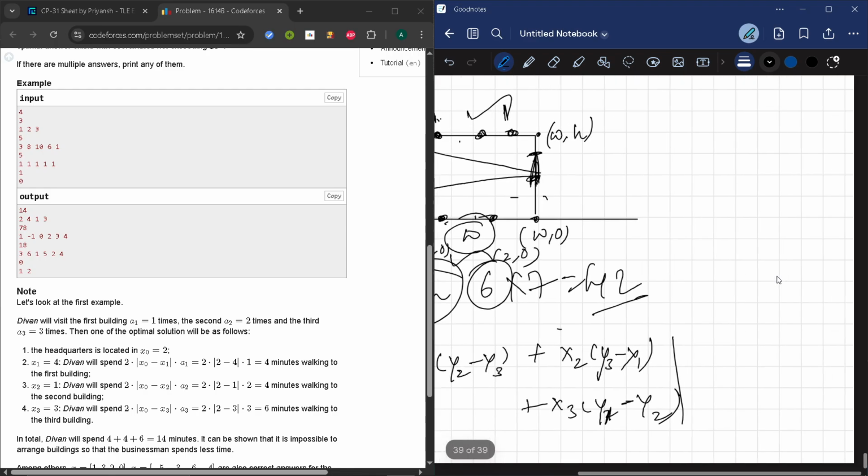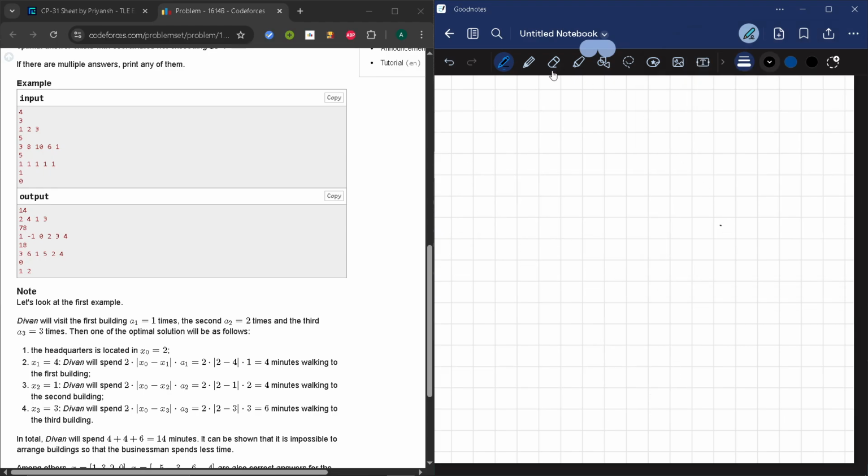If I go for visualizing on a coordinate line, let's say this is zero.